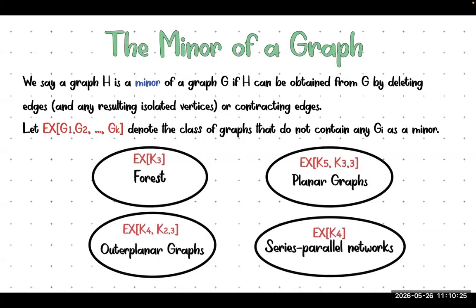And they categorize what is exactly inside some of these excluded minor classes. For example, a forest is just trees side by side, not connected. And a tree doesn't have a cycle, so it clearly cannot have K3 as a minor. Okay, and then there's other families as well.